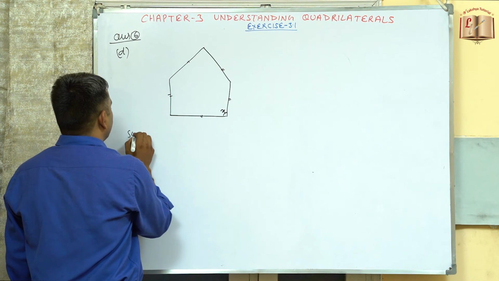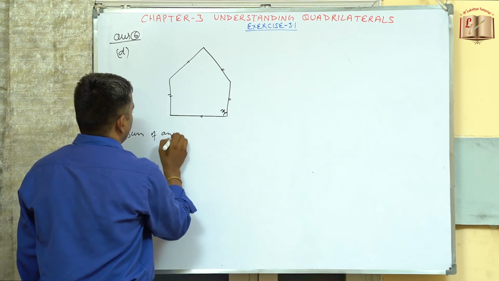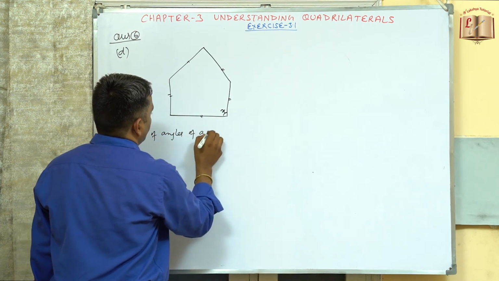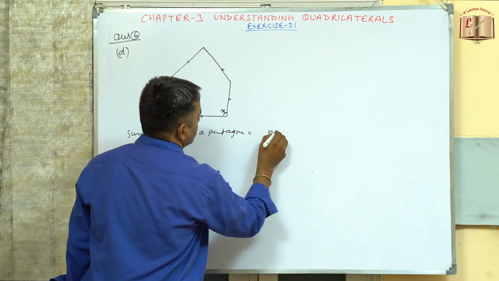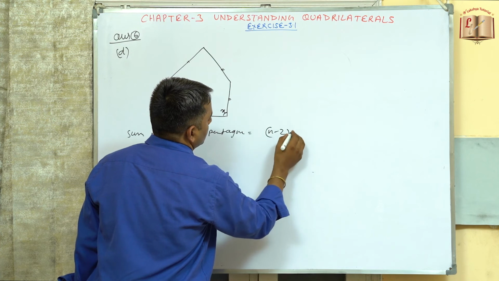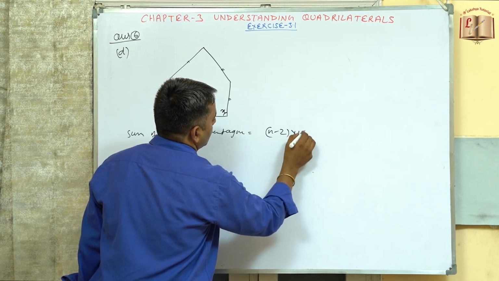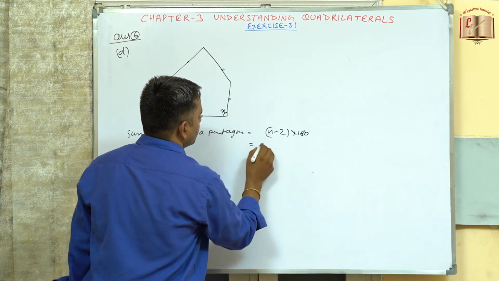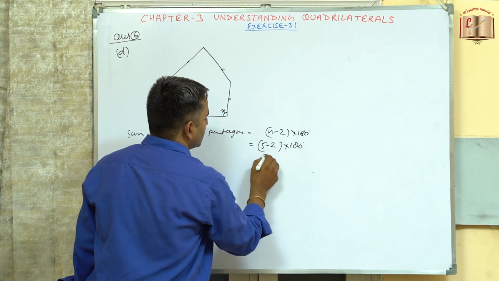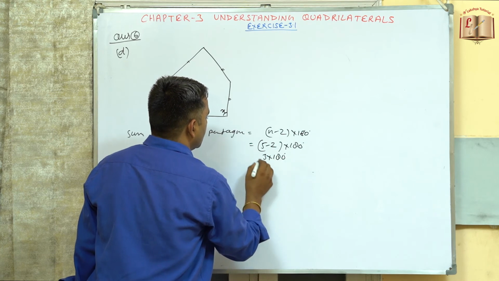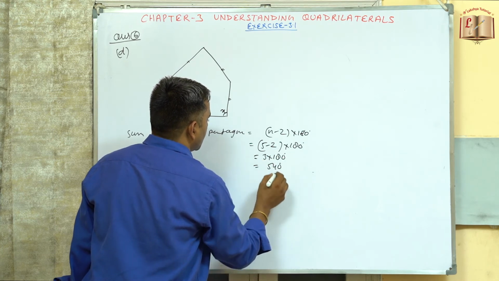So the sum of angles of a pentagon is given as n minus 2 into 180 degrees. So n is 5, minus 2, into 180. So this is 3 into 180. So this is equal to now 540.